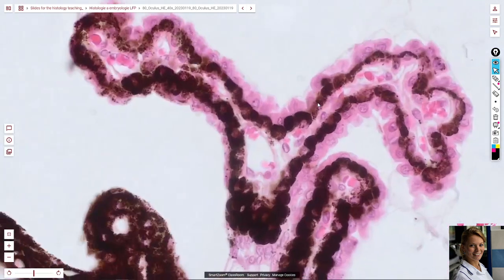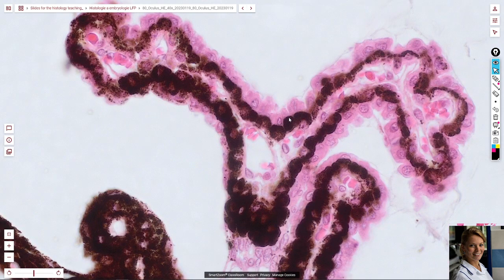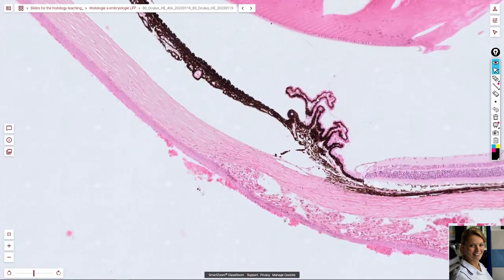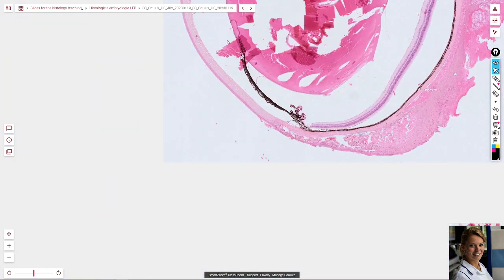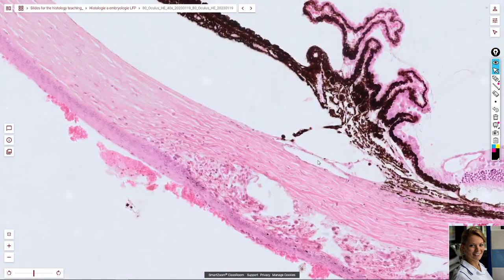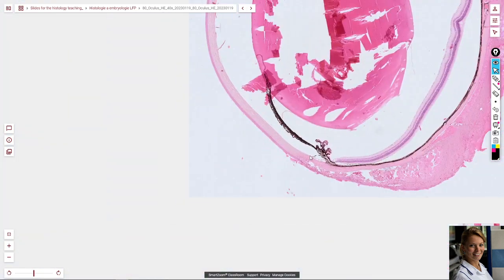So aqueous humor is produced between non-pigmented and pigmented cells of ciliary epithelium, and flows from the posterior chamber to the anterior chamber, and it's absorbed in Schlemm's canal.